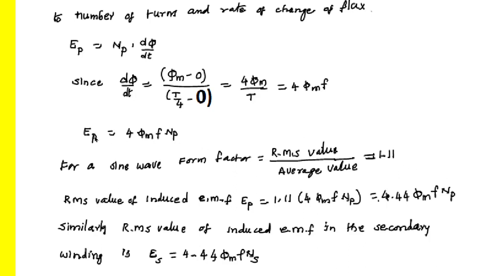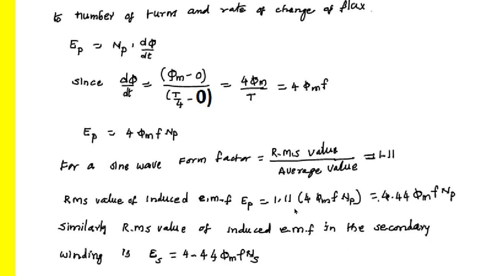So whatever we have calculated just now is nothing but the average value of the primary induced EMF. What the meter measures is the RMS value. So we have to calculate the RMS value. To get the RMS value, we have to multiply the average induced EMF with the form factor, that is 1.11. So we get the RMS value of the induced EMF in the primary winding.